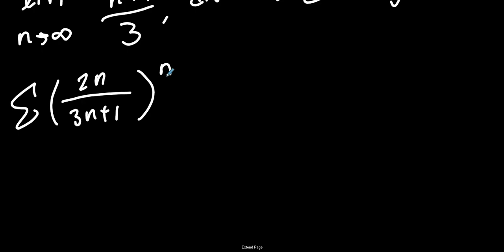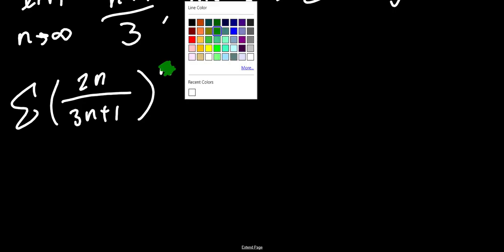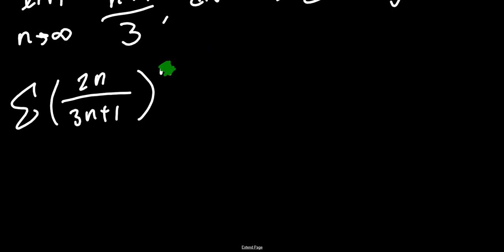Basically the idea is that you're going to get rid of whatever it's being raised to. So if we just ignore this, the idea then is to simply take the limit as n approaches infinity of what's inside.